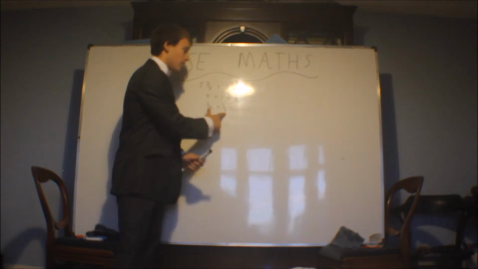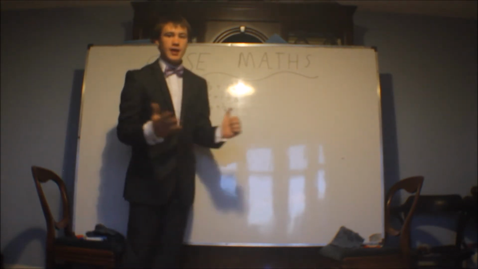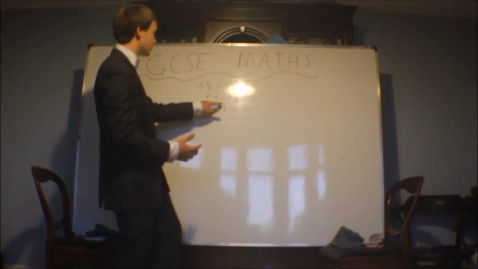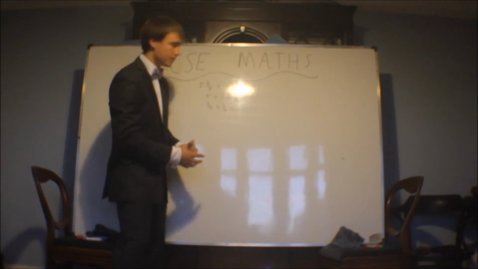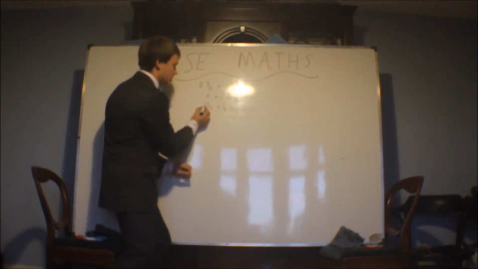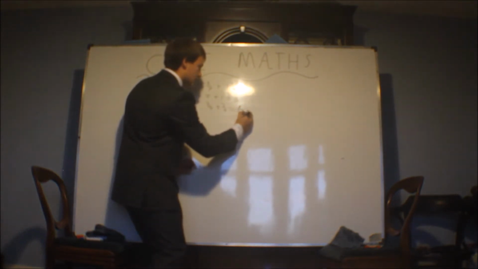Right, so first step is to get a common denominator. Now, the denominator is the bottom number, and you can only add fractions when the denominator is the same. How on earth do you do that? You find what's called the common product. So you times this one by 7 and this one by 4. This one times 4, you times the top and the bottom by 4, you're going to get 8 over 28.